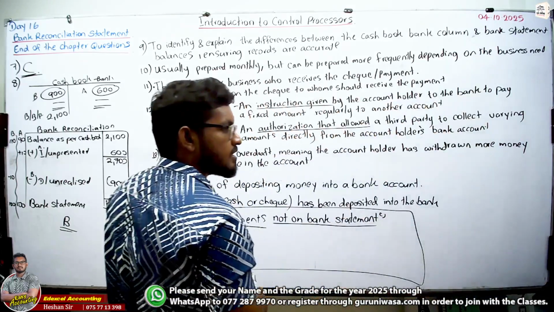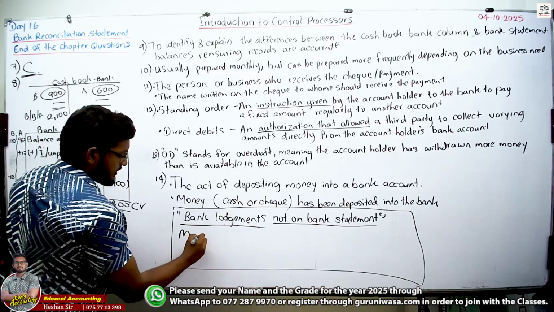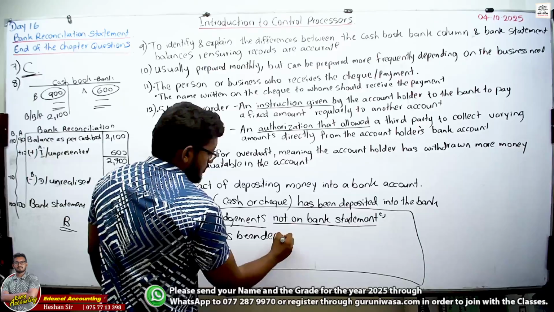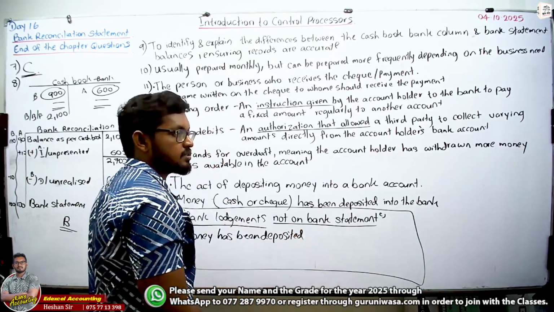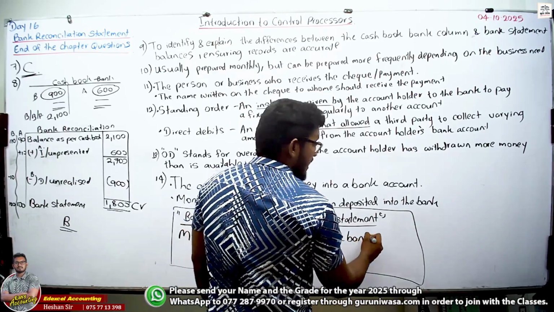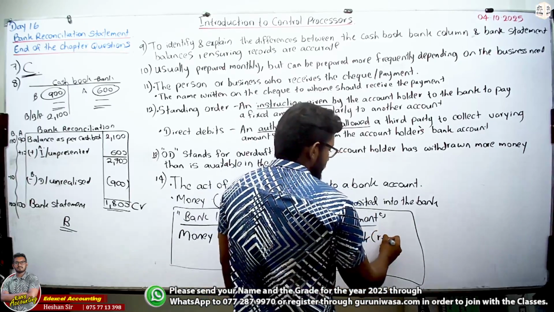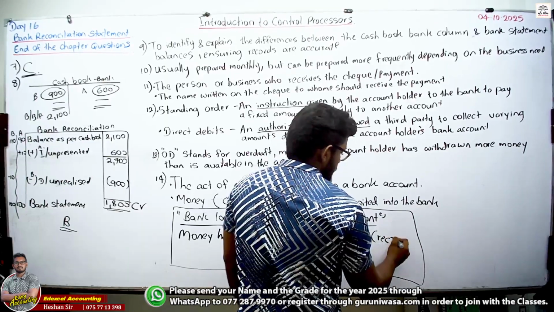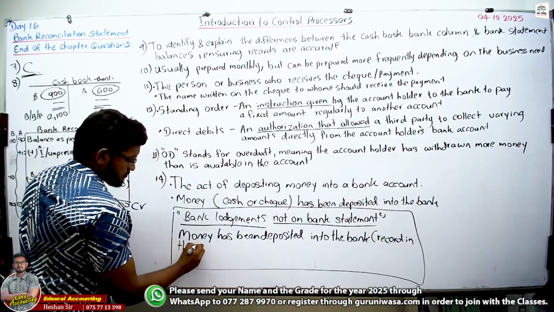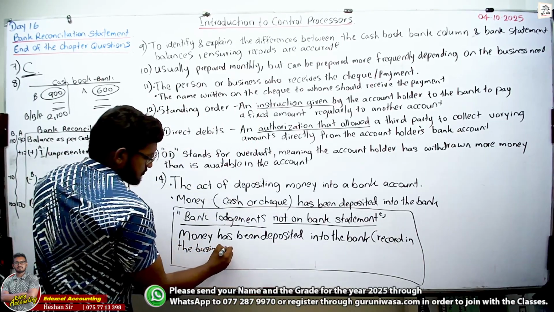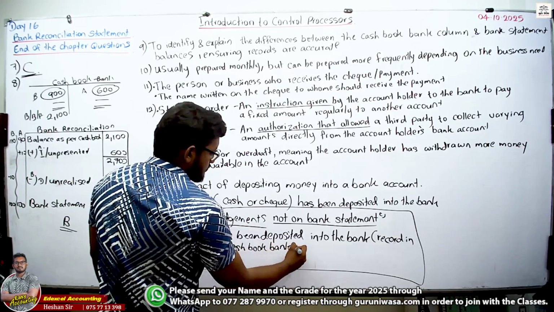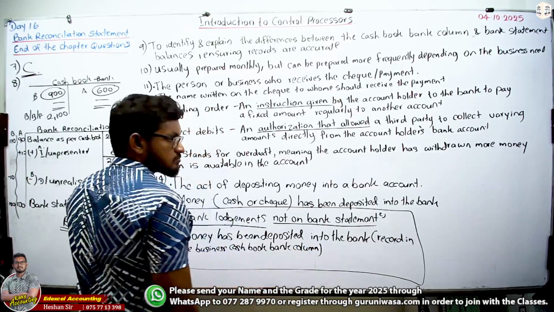Money has been deposited into the bank, which means we can identify the record in the business cash book bank column, right?